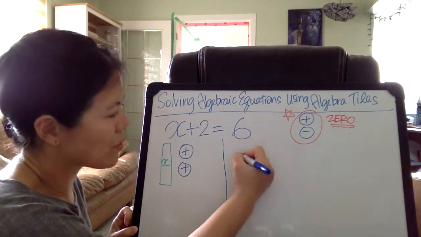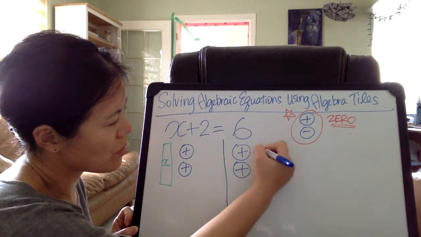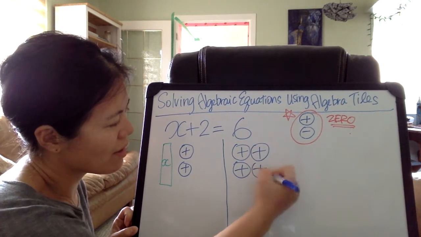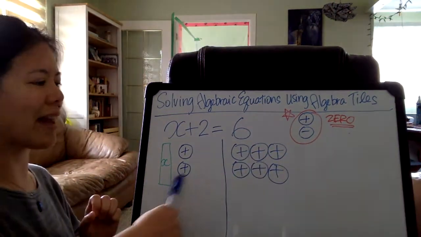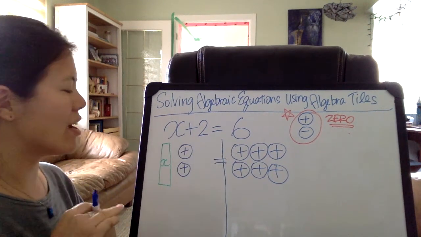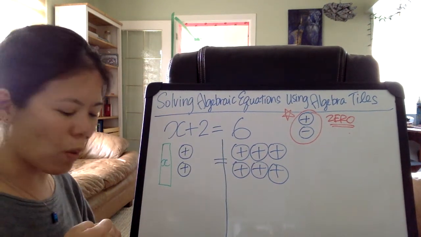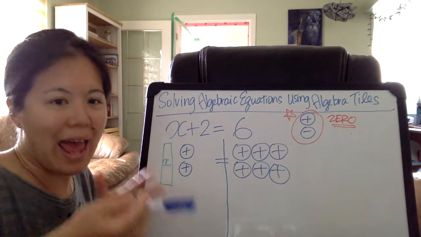And on the other side we have 1, 2, 3, 4, 5, and 6. Right now it's completely balanced right over here.